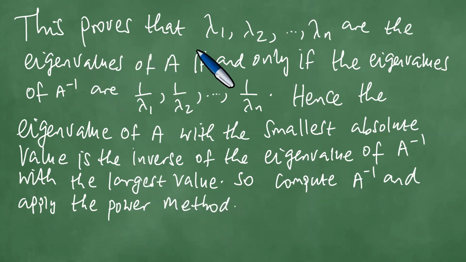We're saying this proves that lambda 1, lambda 2, up to lambda n are the eigenvalues of A if and only if the eigenvalues of A inverse are 1 over lambda 1, 1 over lambda 2, 1 over lambda n.